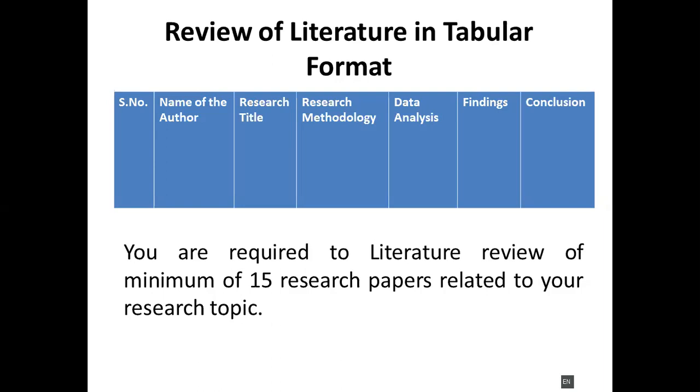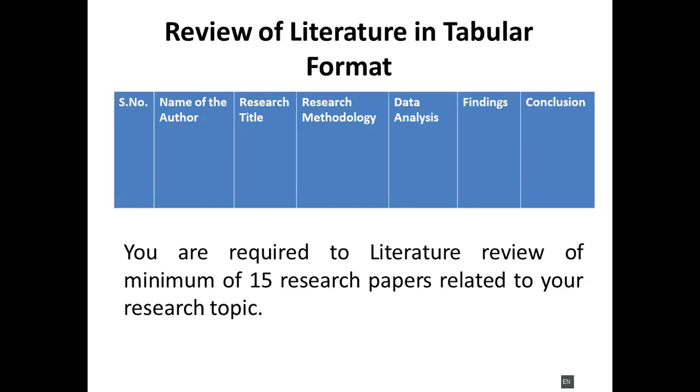First one will be serial number, then we need to mention the name of the author, then research title. These details you can get from the research paper, and then research methodology. It includes what researcher has used and how researcher has collected data. What is their sampling design? What is their sampling technique?